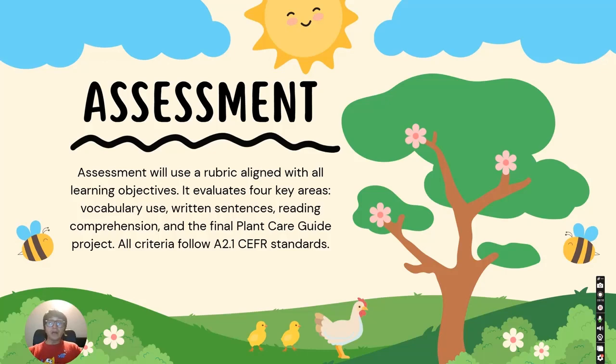Also, each criterion will have a clear performance level, and everything will be aligned with the A2.1 CEFR standard. And the learning objectives will be established at the beginning of the plan, so everyone will always know what to expect during those times, right? And that would be the end of my lesson.